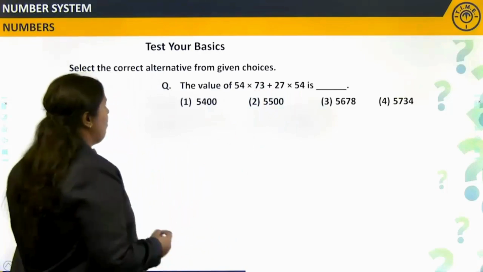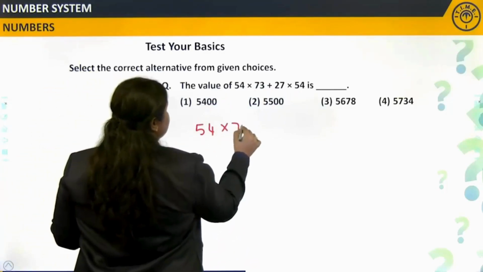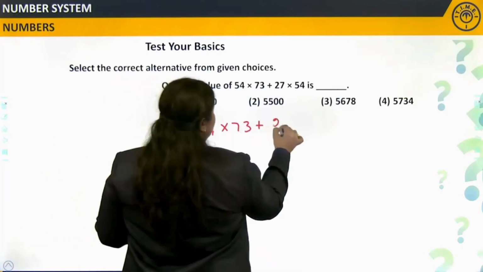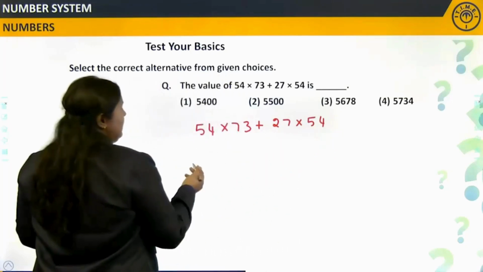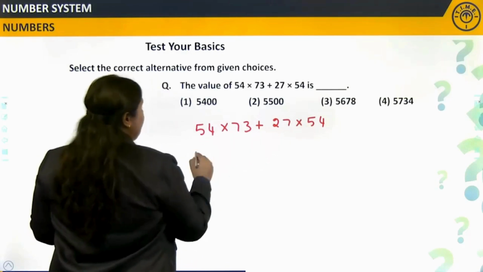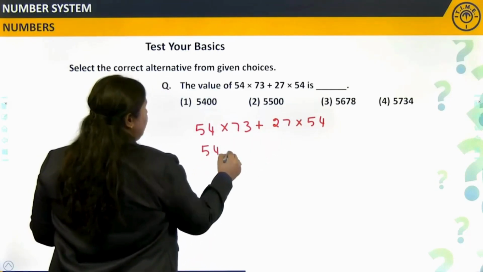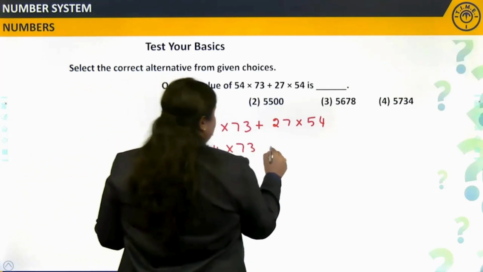Okay. So, let me first write down what is there. 54 into 73 plus 27 into 54. Right. So, the thing is 54 is the first number here, 54 is the second number there. You can change the order using one property. What is it? Commutative property.